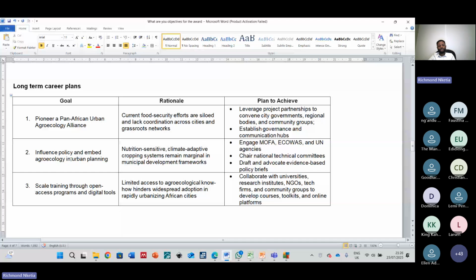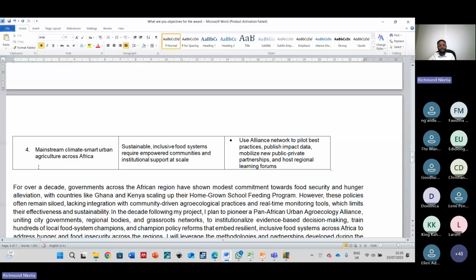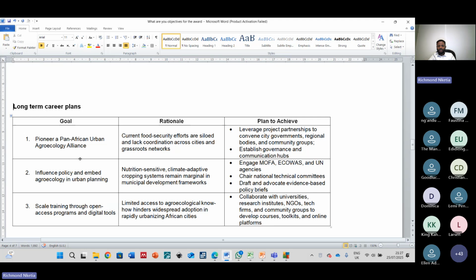And finally, to mainstream climate smart urban agriculture across Africa. So all that I'm saying is still within climate resilient agriculture, is still within food security or food insecurity. Yes. And the rationales are those that I have listed here and the plan to achieve that.